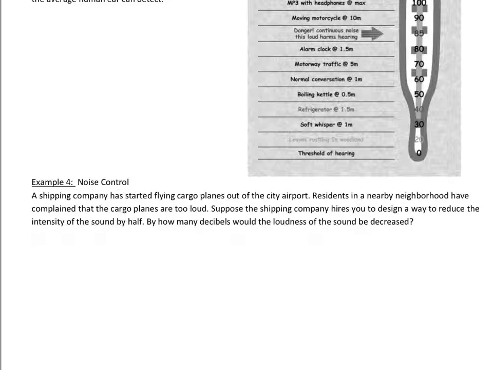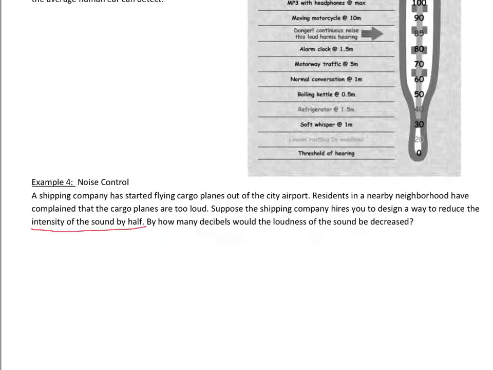So intensity needs to be cut in half. By how many decibels? Remember, decibels are loudness. The watts are what went with intensity. How many decibels would the loudness of the sound be decreased? They want to know if you cut the intensity in half, how much does that affect the loudness? Remember, they're two different things.